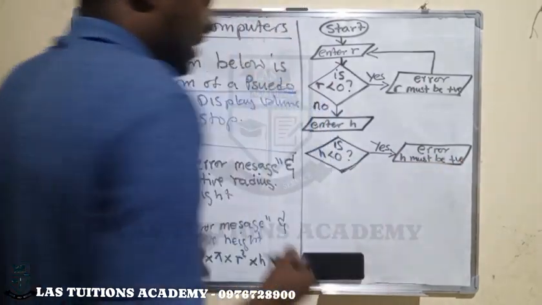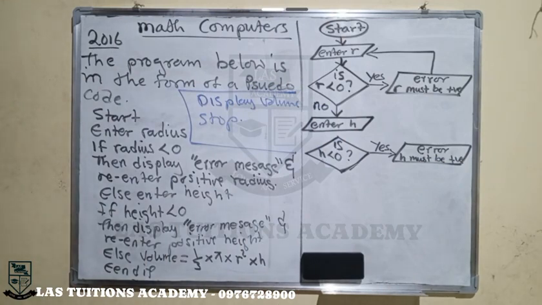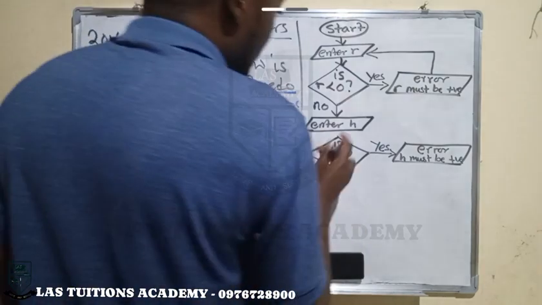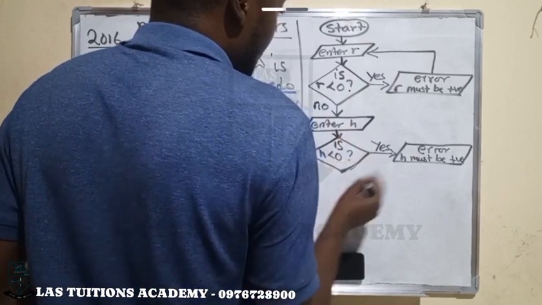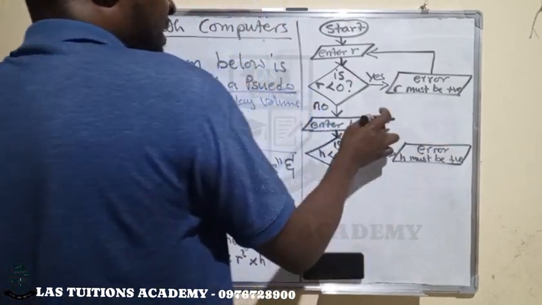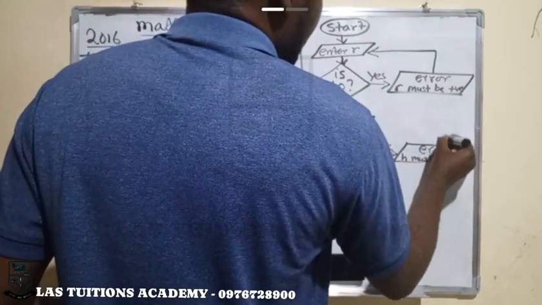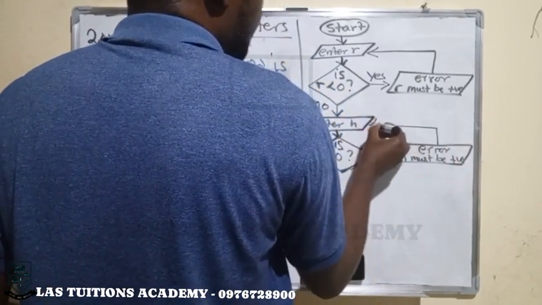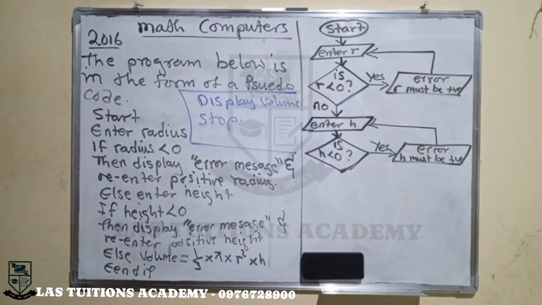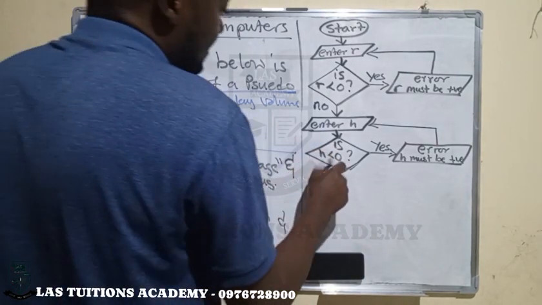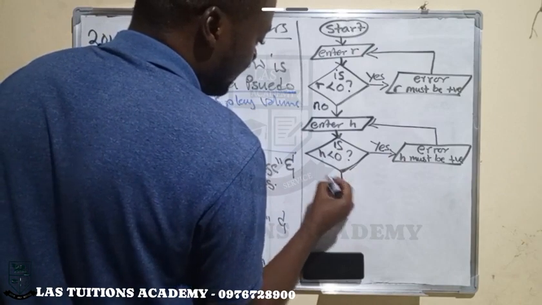Okay, I'm just writing plus VE to mean positive. So you have to re-enter, h must be positive. So meaning here there's an arrow, I forgot. There should be an arrow which takes us back to where we can enter h, because we entered the wrong one. Now, is h less than 0? No, meaning it's not less than 0.